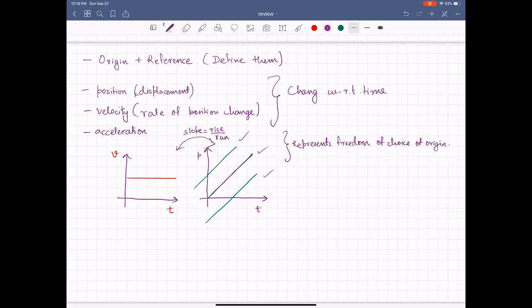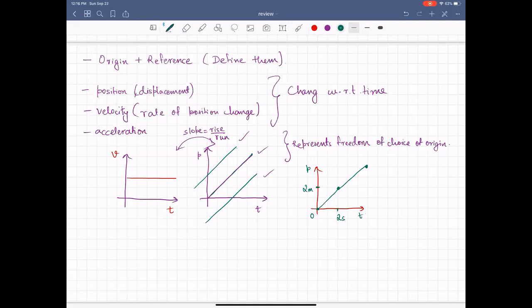So for example, let me just redraw this. Suppose this is a position versus time graph that looked like this maybe, and let's just take that point. So this is 2 seconds, this is 0, this is 2 meters maybe, and this is time here.